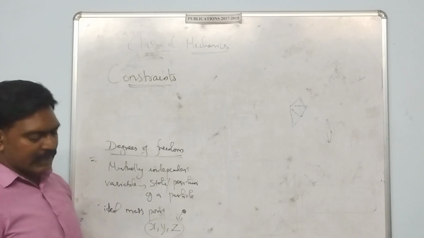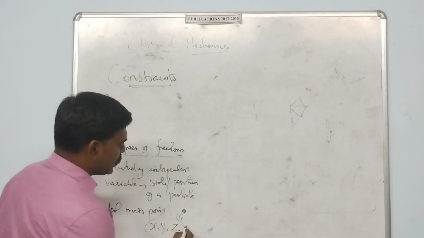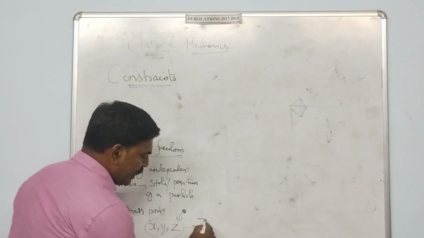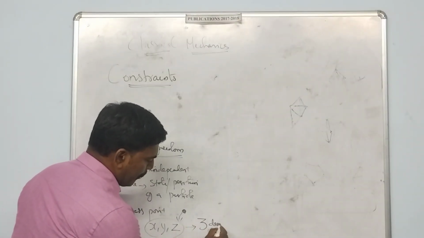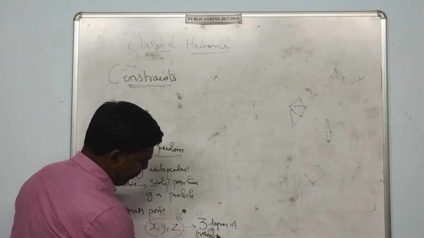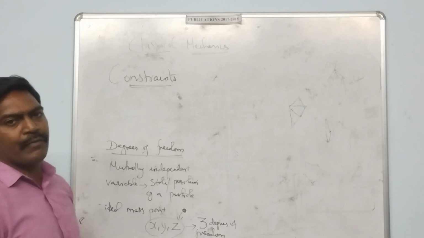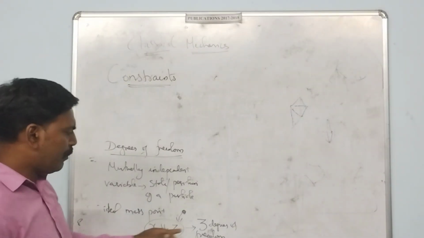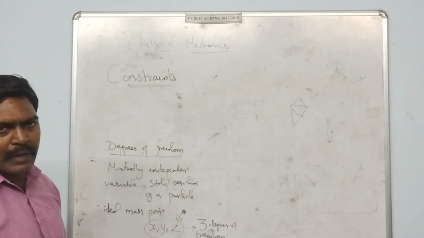We shortly call this, for this ideal mass point, 3 degrees of freedom. For a single point, we can write 3 degrees of freedom.